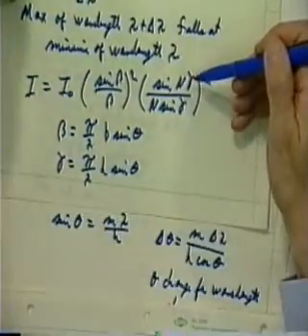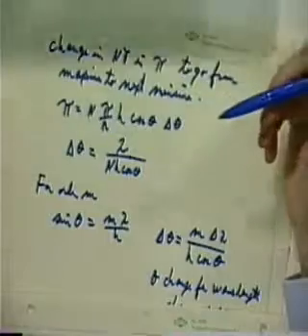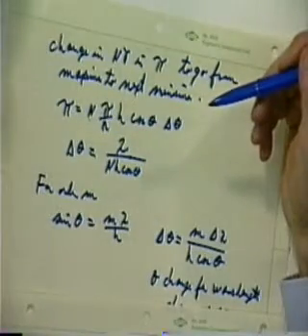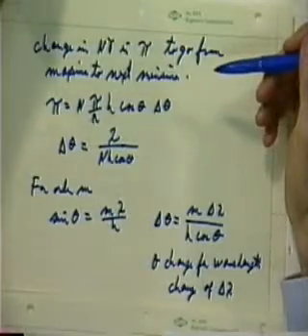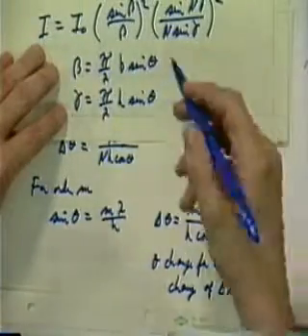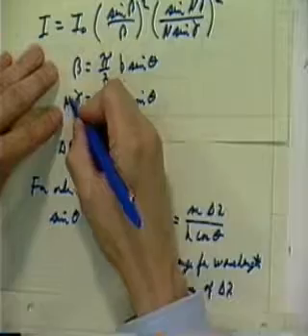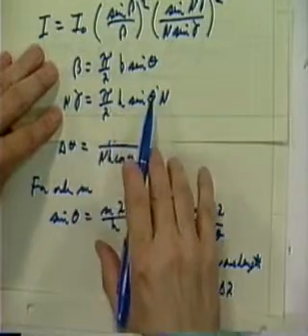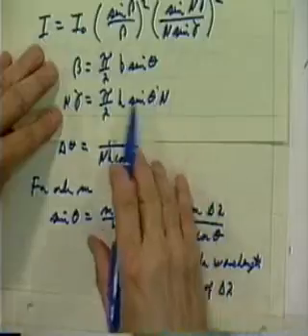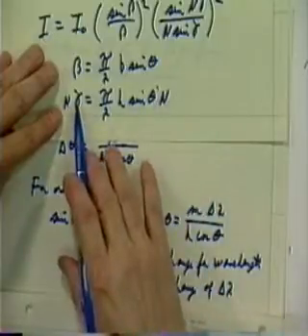Okay, so gamma has a sine theta in it, and so I have n gamma here. It's just this times this. And I want to see how theta changes as this changes by pi.